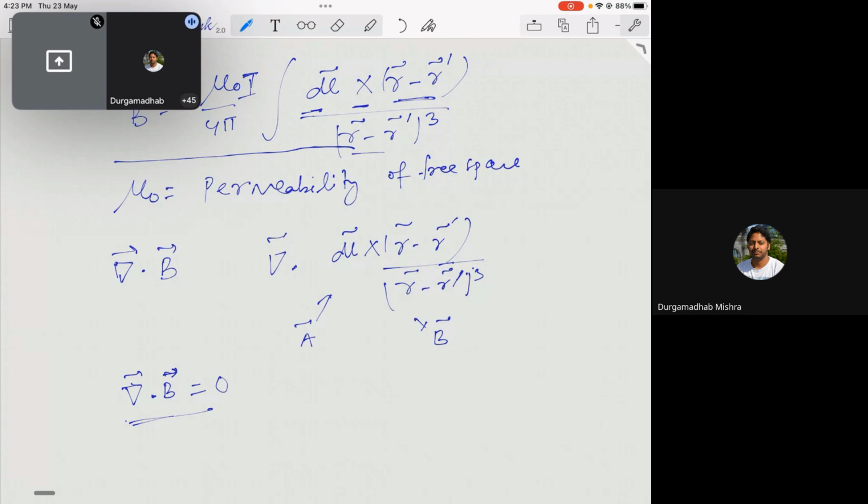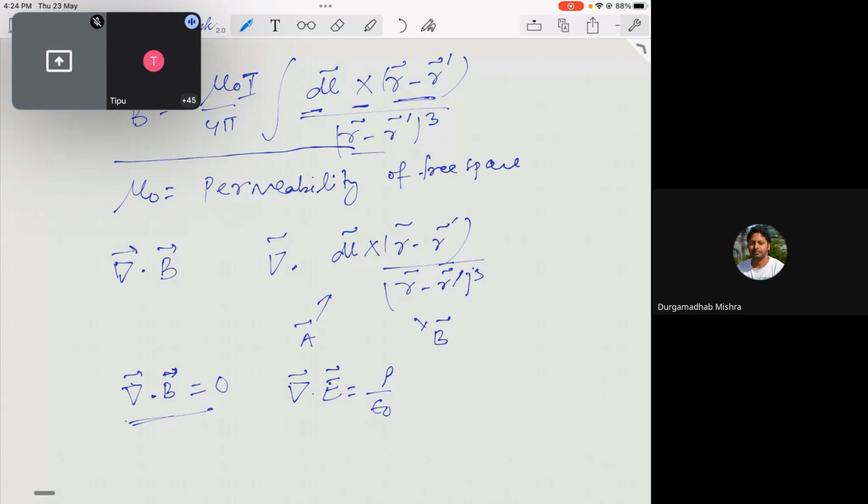If you compare it with the electrostatic field, we have the relation del dot E equal to rho by epsilon naught, which is not 0. So del dot B equal to 0 means the divergence of B is 0, which means the magnetic field, unlike the electrostatic field, does not have any source.